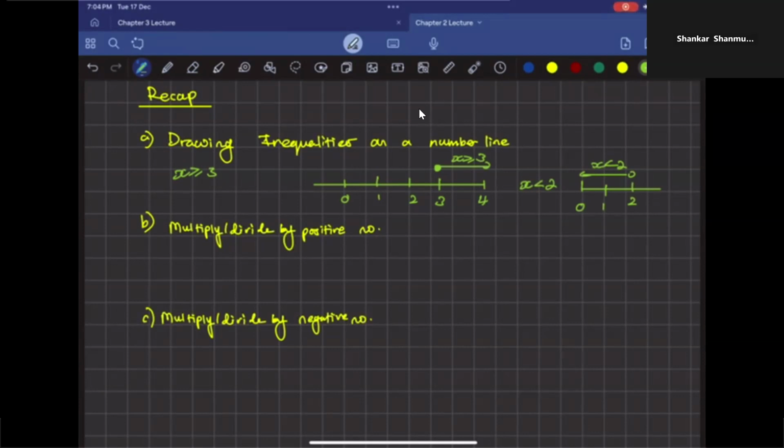Now, let's see. The next part is multiplying and dividing by a positive number.